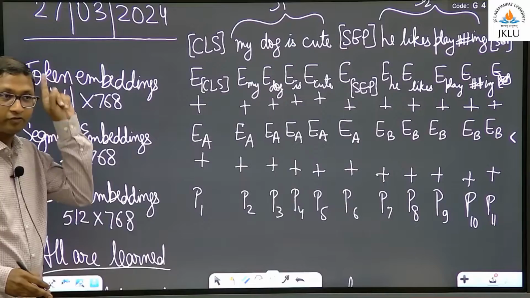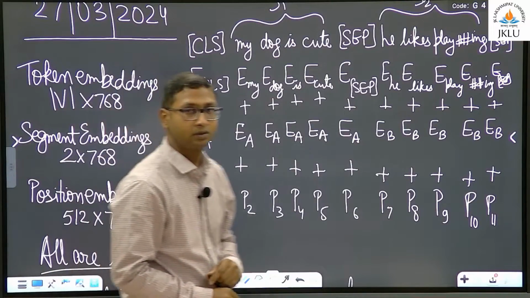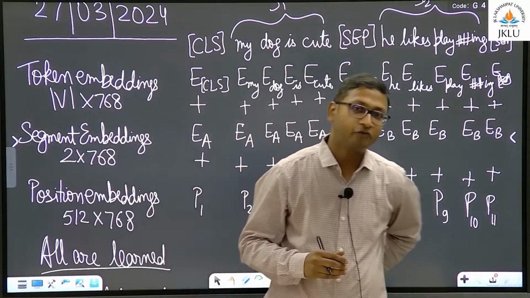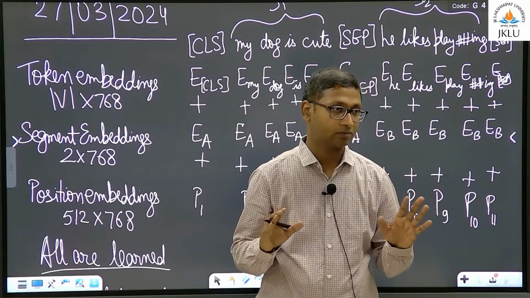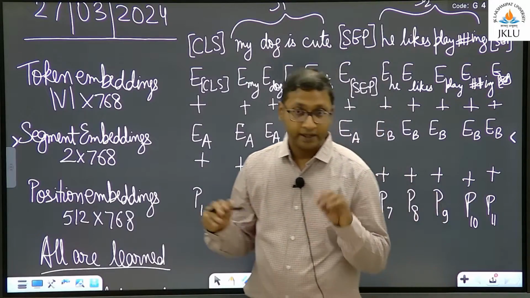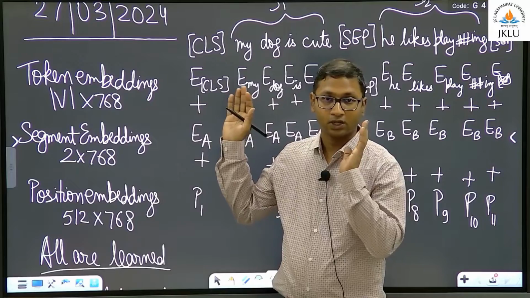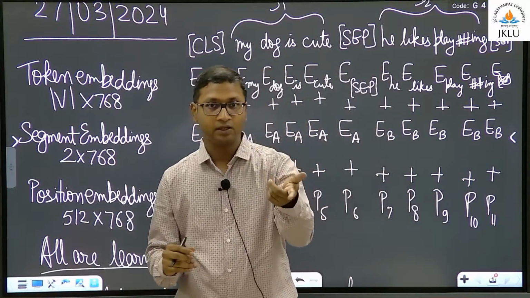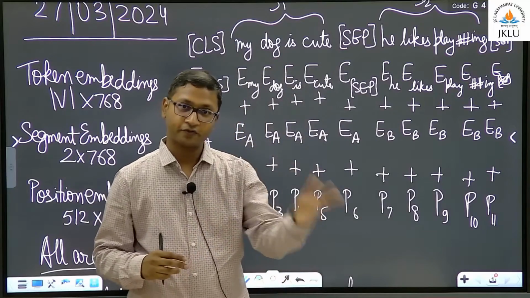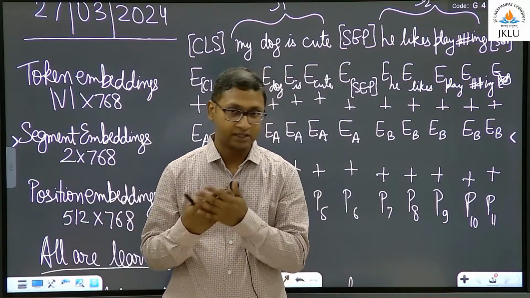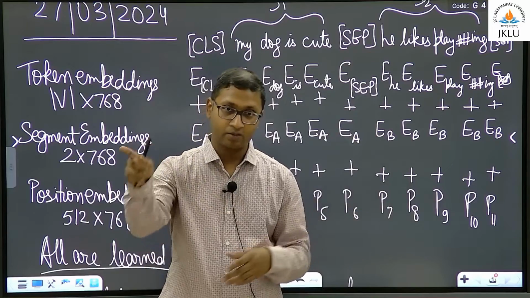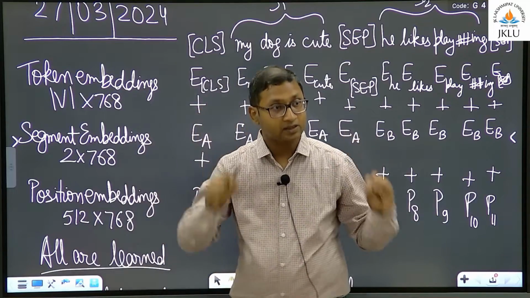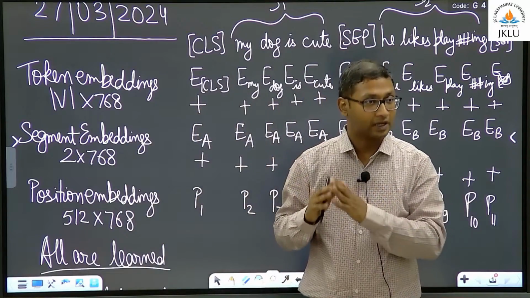What is the vocabulary for BERT? It is 30522, so roughly 30,000. And it has a lot of rich vocabulary. You might find some tokens of Hindi, English, Spanish, French, Russian, Mandarin, numbers, names. In those 30,000, it covers everything.